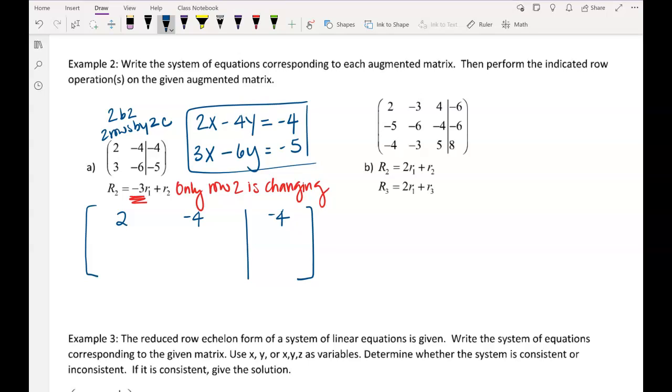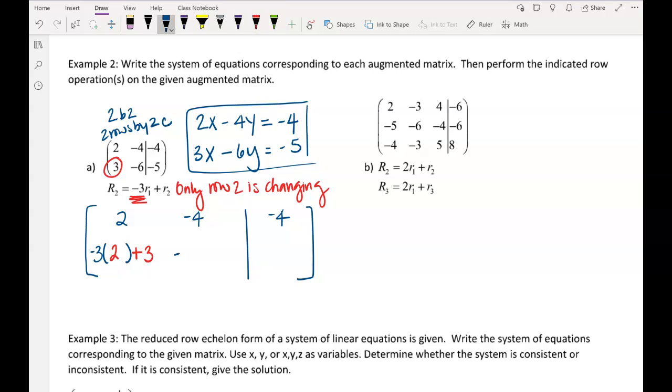Now row 2 changes by taking -3 times the value from row 1. Row 1 currently has a value of 2. Then we add the value from row 2, which is 3. In a little bit, we're going to go down and simplify that a bit more, and we do that for all the values in row number 2.